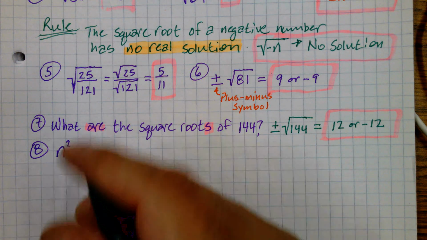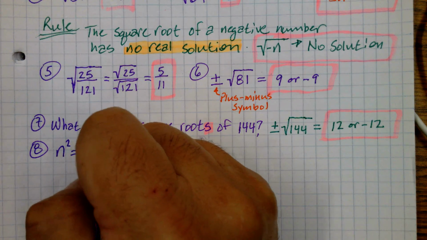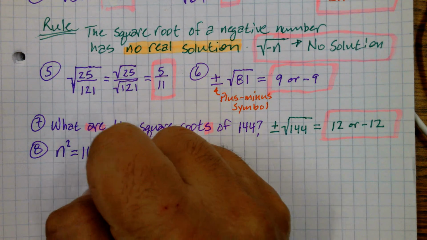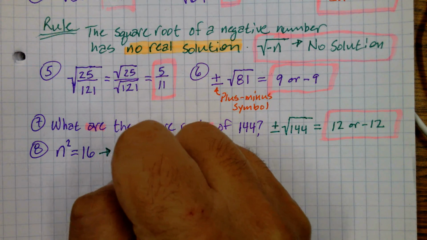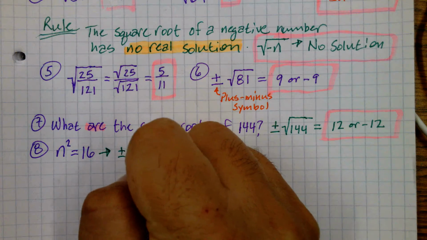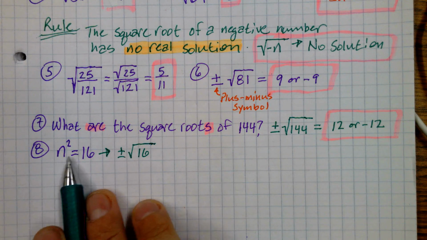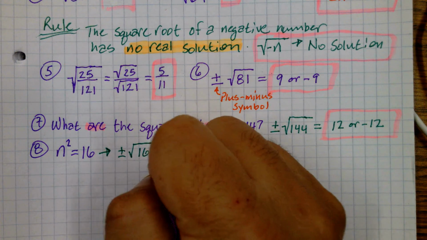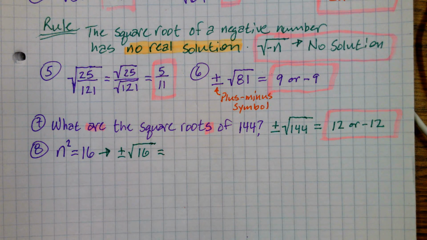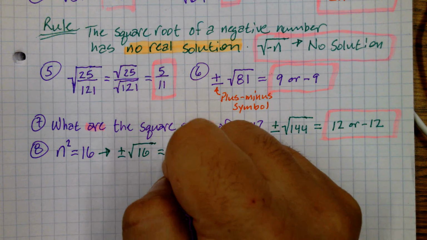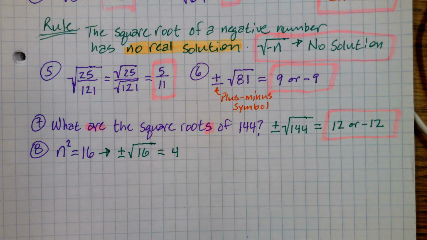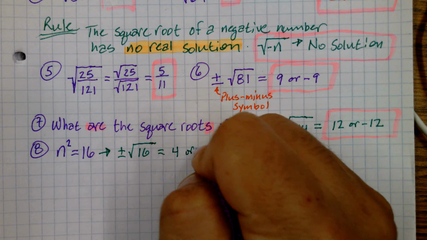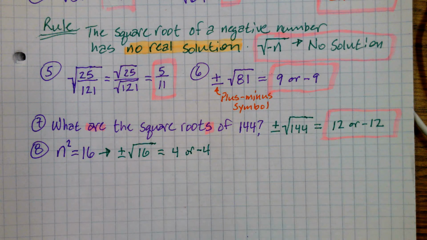So this equation leads to this type of problem. Plus or minus the square root of 16. Because we want to know what number to the second power is 16. And there's two possibilities, right? One of them is 4, because 4 times 4 is 16. Or negative 4, because negative 4 times negative 4 is 16. Okay?